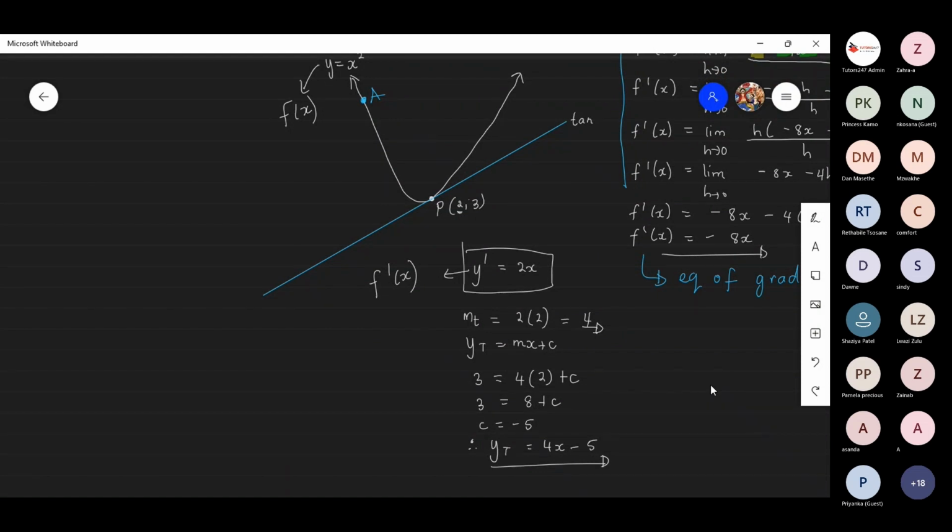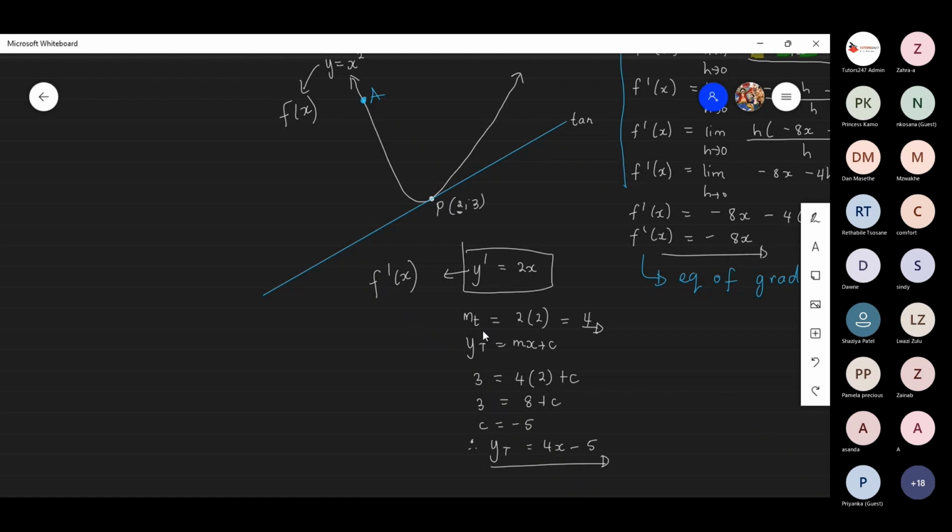So assuming you were stuck on the gradient part, all you need to do, after you find your derivative, is substitute the x value of that point into your derivative. Once you substitute the x value at that point into your derivative, that will give you the gradient at that point.